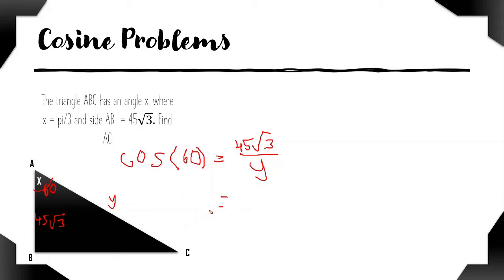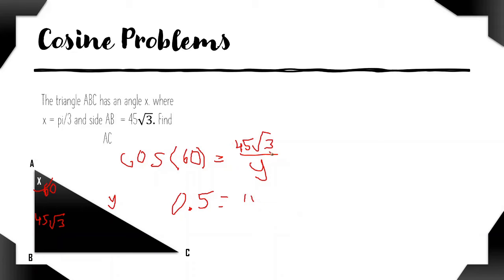So over here we can simplify this to 0.5, because in the last episode we learned that cos of 60 is equal to 0.5. It's just one of those angles that come up really often, so we might want to memorize this. So 0.5 is equal to 45.